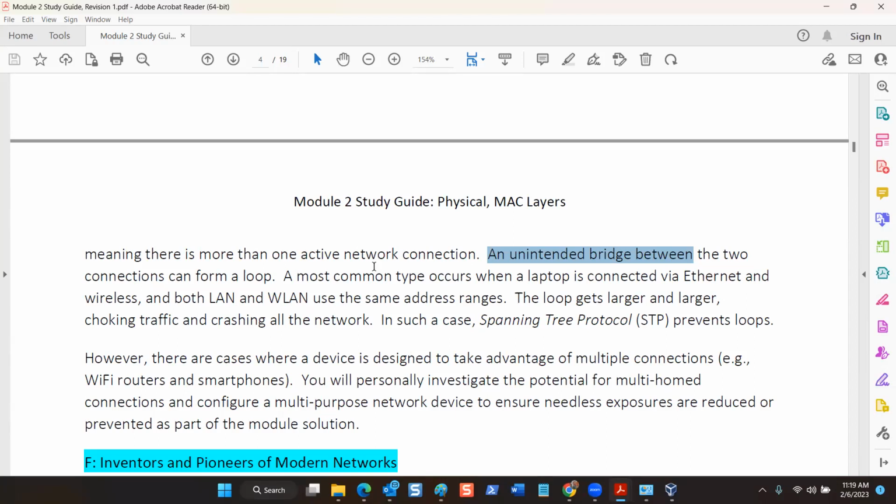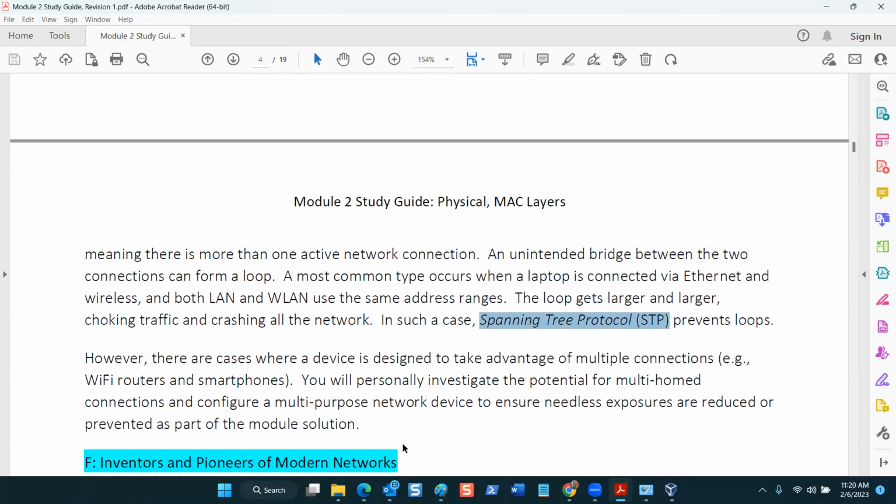So when you connect two different types of network interfaces from the same device, a loop can occur, right? The loop gets larger and larger, and it can crash the entire network. There is a special protocol that's designed for larger networked environments like companies and agencies where this can happen and everybody's scratching their heads.